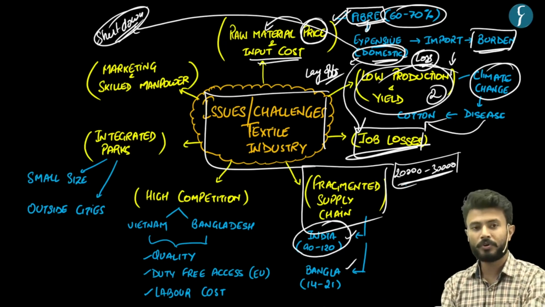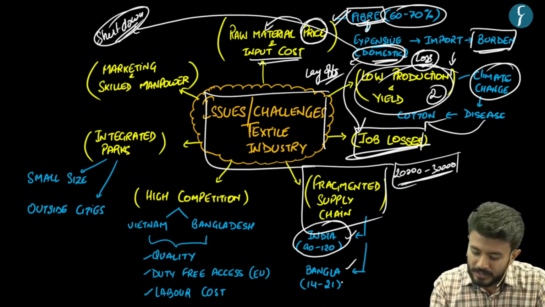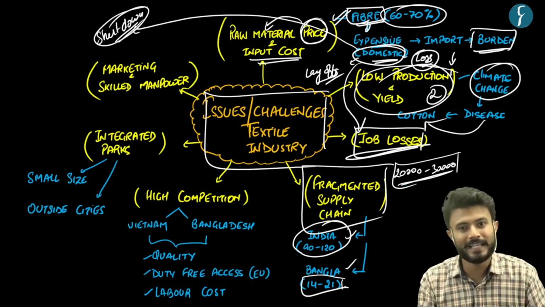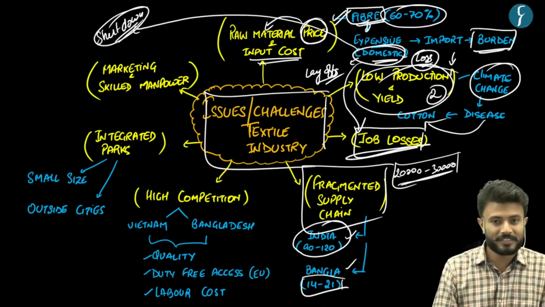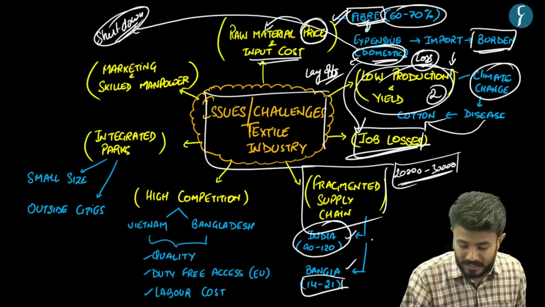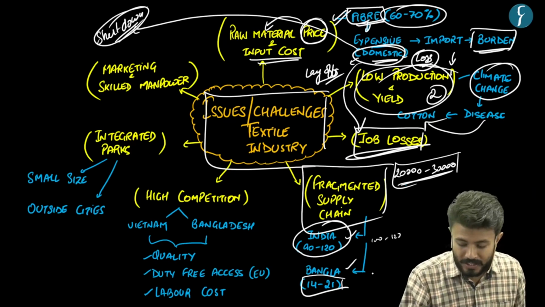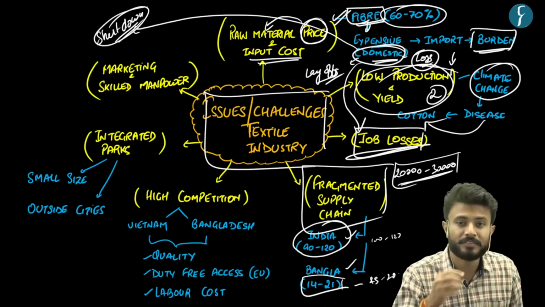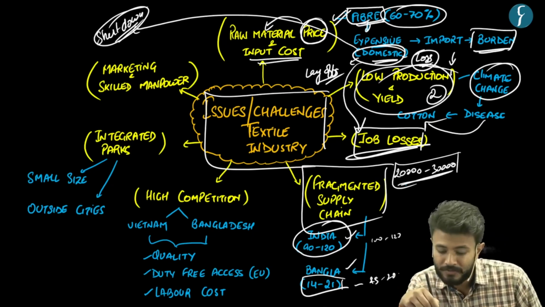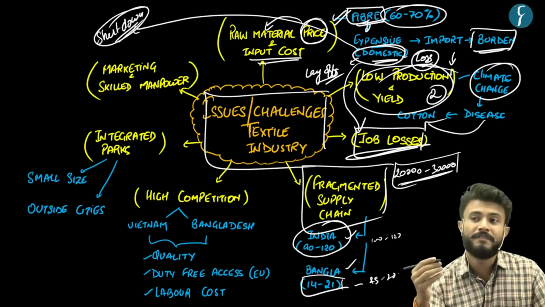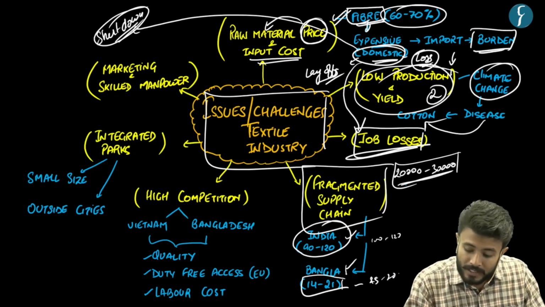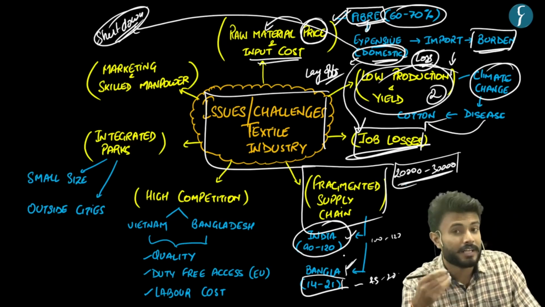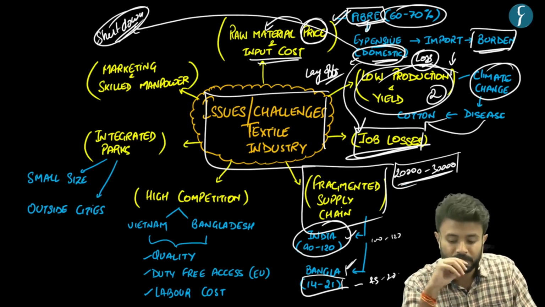The same load of product is shipped by Bangladesh in just 14 to 20 days. Now just see the comparison. Here we are taking around 100 to 120 days. Here Bangladesh is taking just around 15 to 20 days. So just understand the efficient supply chain which Bangladesh and other countries like Vietnam are having.